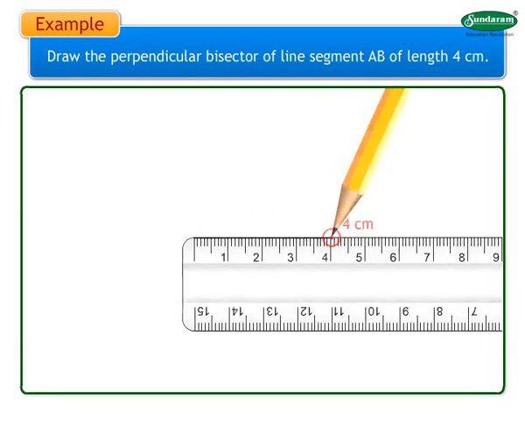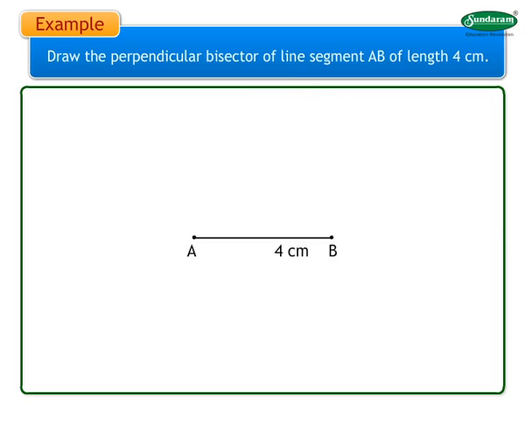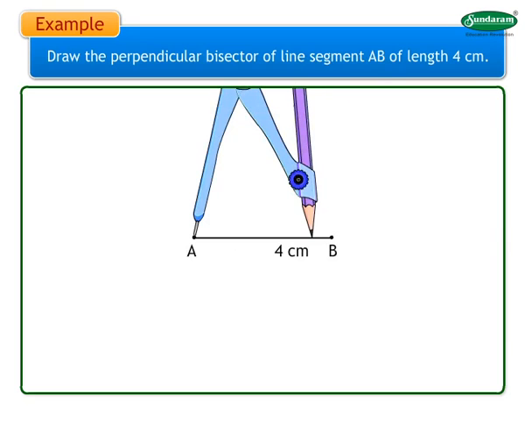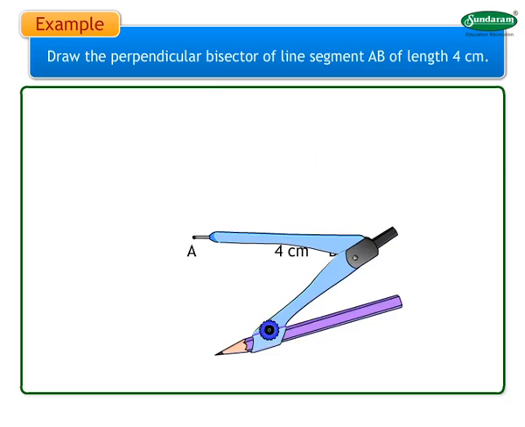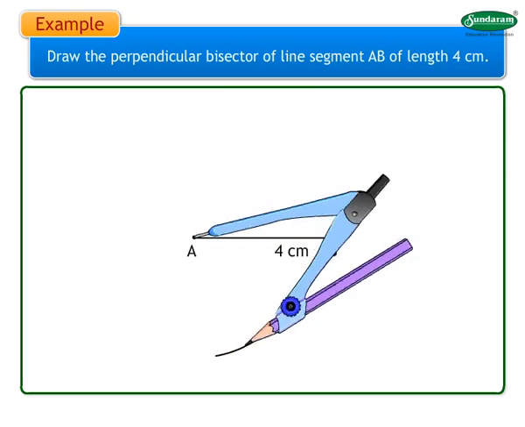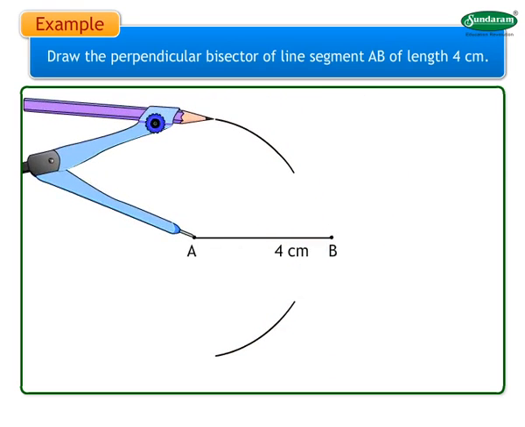Draw a line segment AB of length 4 cm. Open the compass to a span greater than half the length of segment AB. Taking A as the center, draw an arc on each side of segment AB.